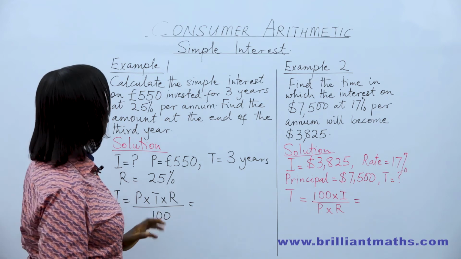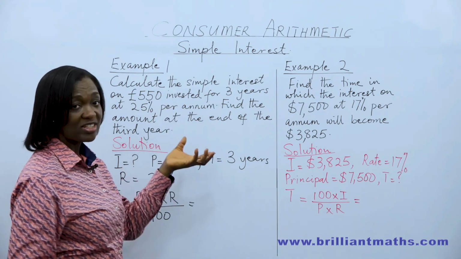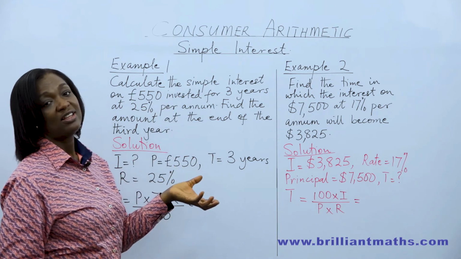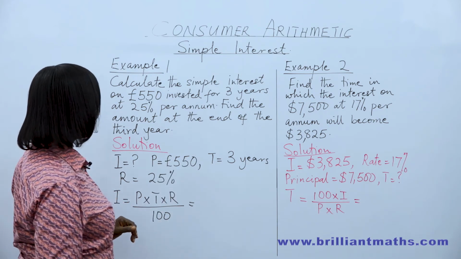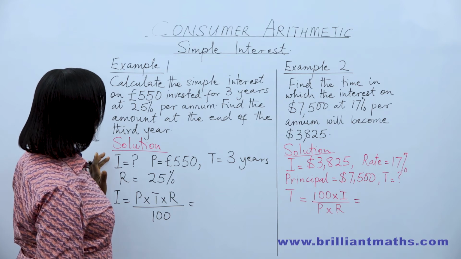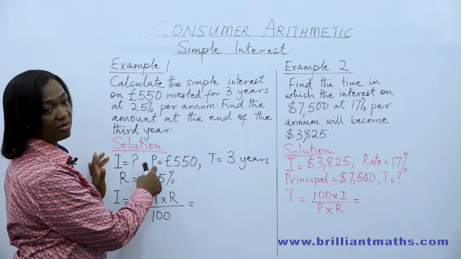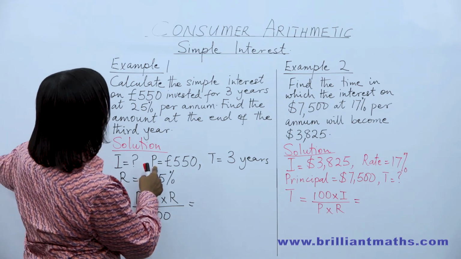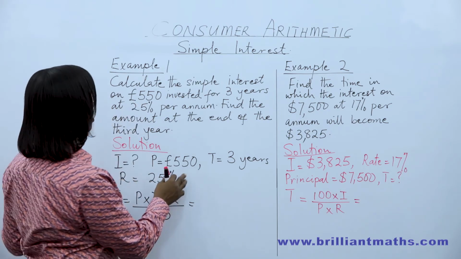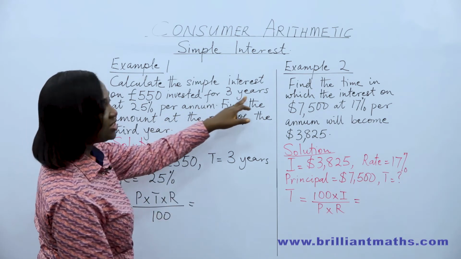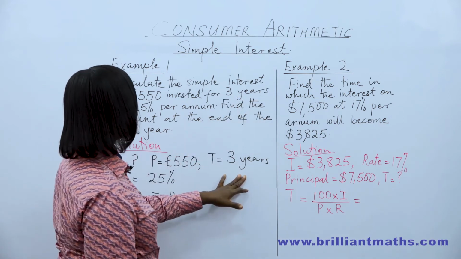So here we are finding the interest and the amount, the simple interest and the amount. We have the principal. From the question, we can see that the principal is £550. The time is in years, so the time is 3 years.